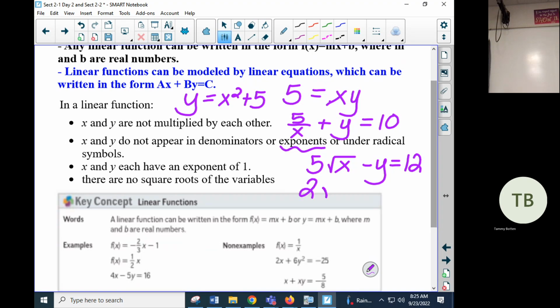Sometimes you'll see this too, where you'll have x plus 5 under a square root. None of these are linear. And this one I talked about already. x and y only can be to the first power. They can't be squared or cubed or anything like that. And no square roots of your variables.